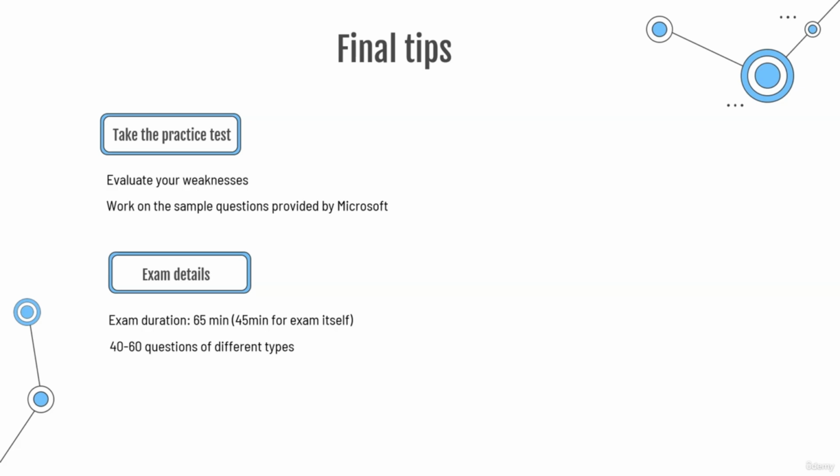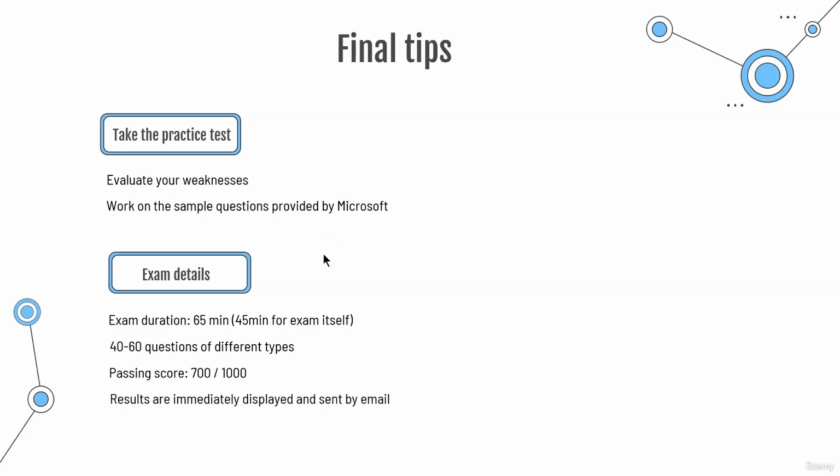Then in the exam, there are 40 to 60 questions of different types, and as mentioned in the sample questions, which we'll also soon have a quick look at, you will see the different formats that are available. Then you need a passing score of 700 out of 1000, and you can also, of course, repeat the exam as we have already mentioned in the beginning of the course.